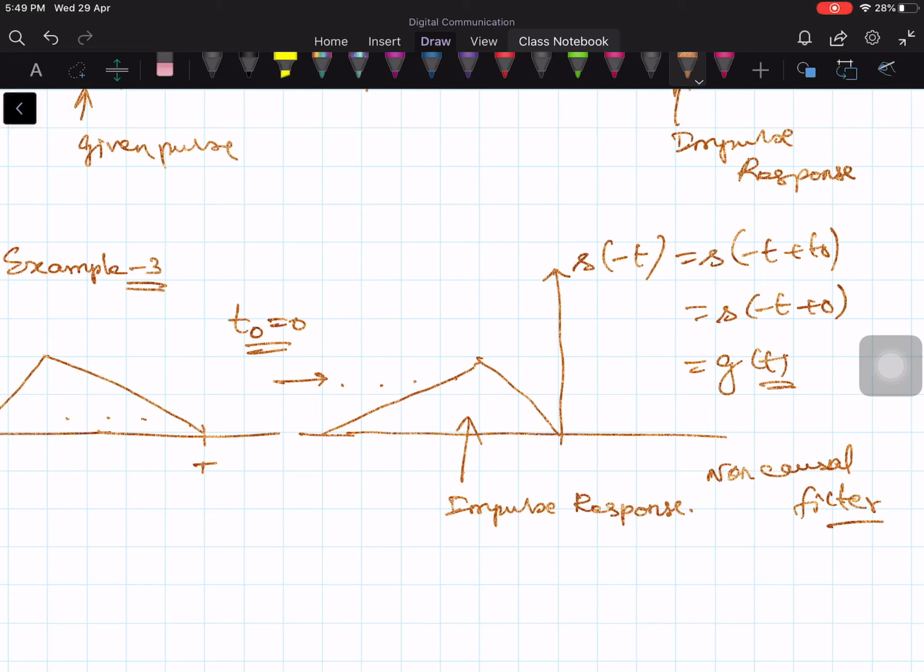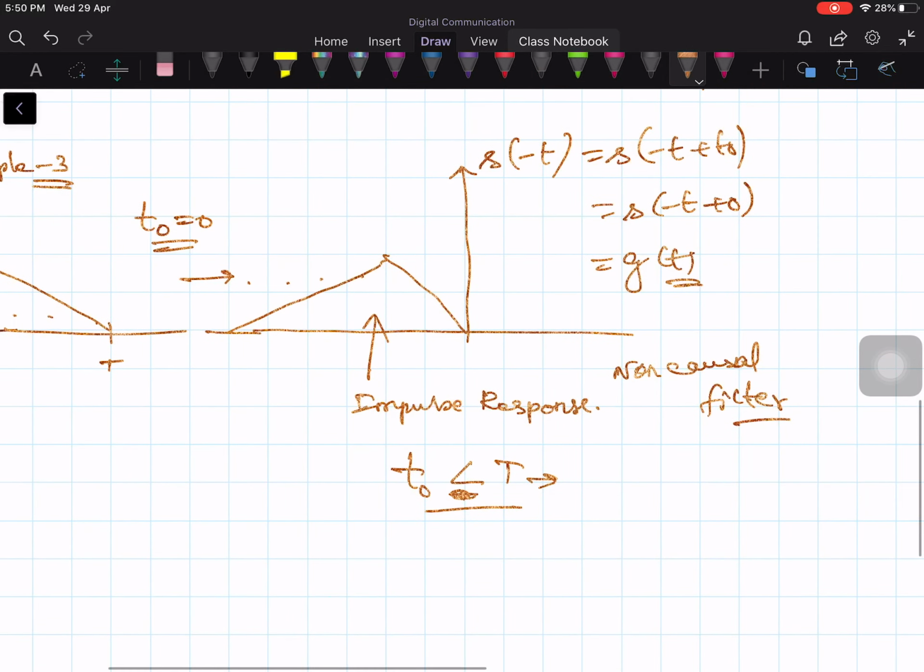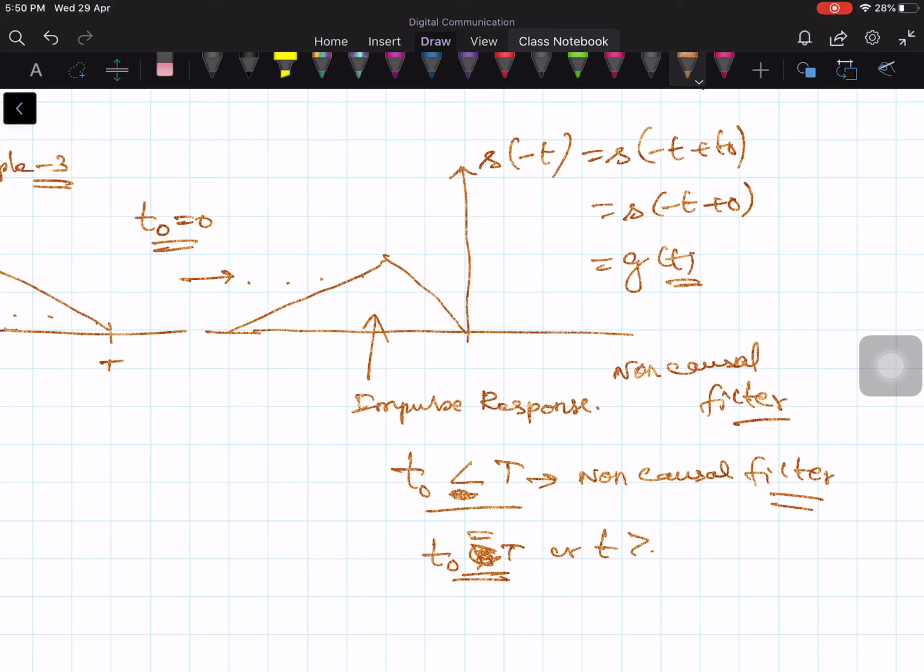So whenever you choose t naught less than capital T, it will result in a non-causal impulse response. Therefore you have to choose t naught equal to capital T, or t naught greater than or equal to capital T, to avoid the non-causality.